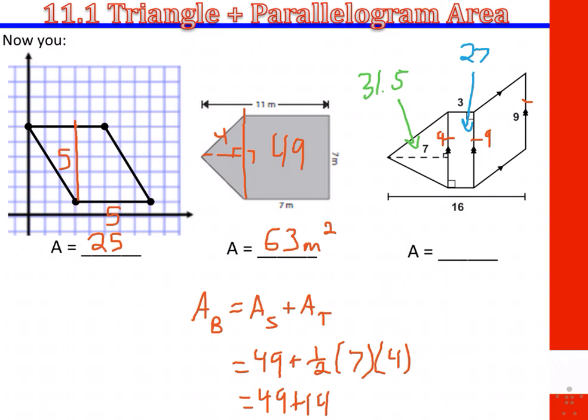So I have to do a little bit of work and say if the entire length of the thing is 16, and part of that is 7, and another part of it is 3, then the remaining part is 6. So the area of this parallelogram is base times height, which is 9 times 6, which is 54. So if I add these things up, I get the total area, which comes out to 112.5.